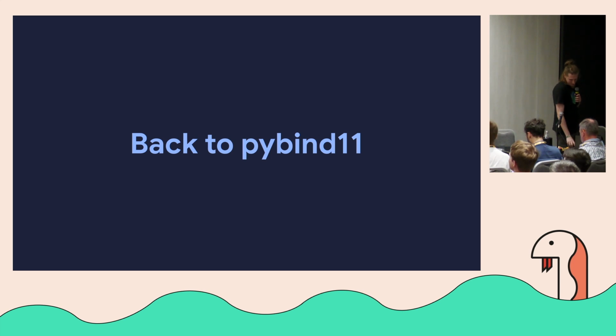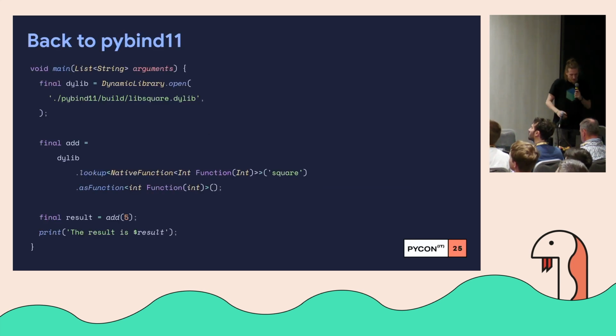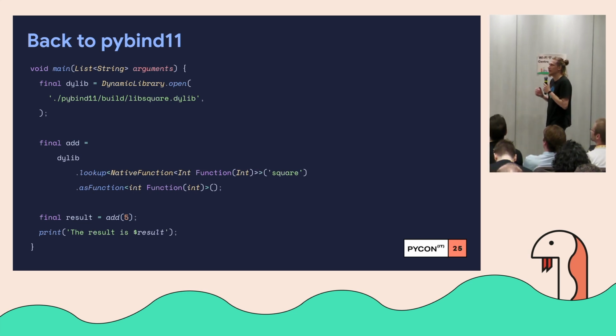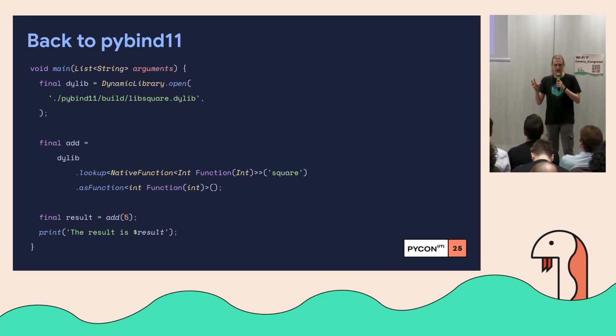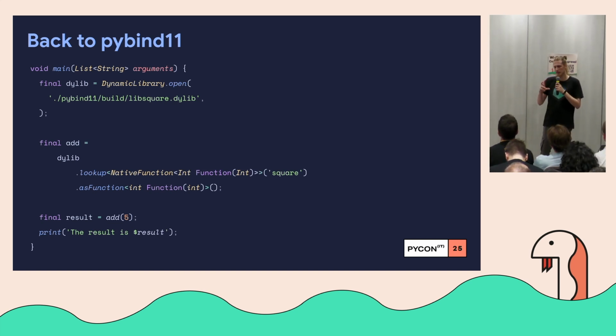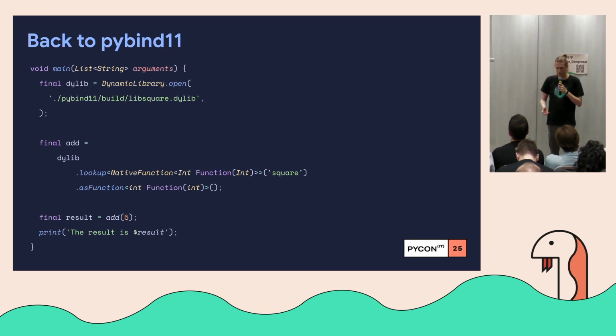So back to PyBind11 again, and I tried to make some tests, because yeah, Flutter is based on Dart, but they are not the same thing, because Flutter works in a different way when it's time to generate your app and bundle everything.